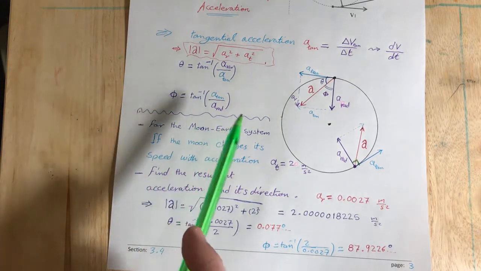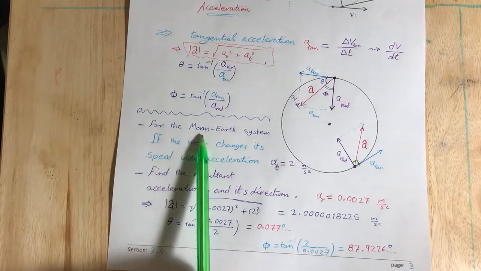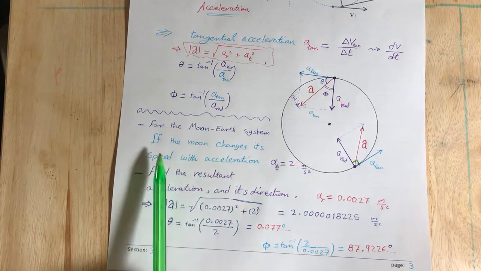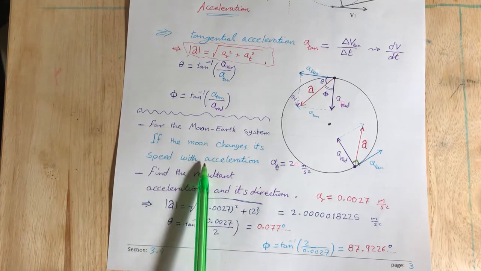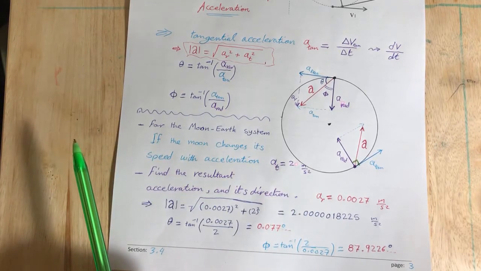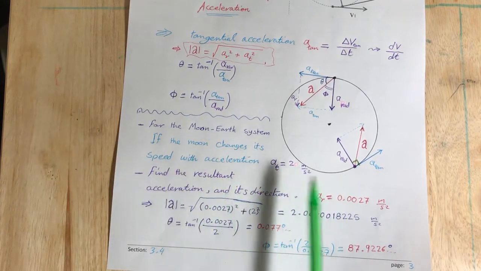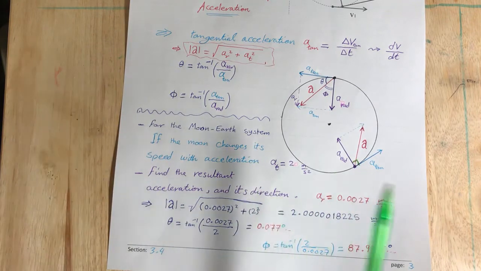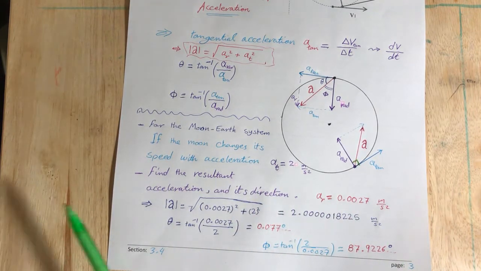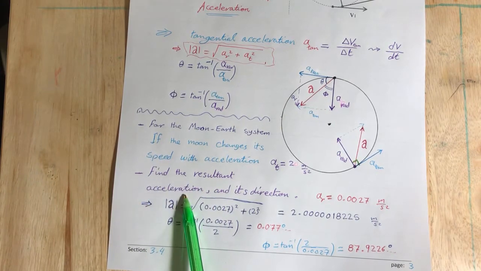In our first example, which is the Moon-Earth system, if the Moon changes its speed with acceleration 2 meters per second squared, just the Moon becomes faster, and that happens, it's natural. Find the resultant acceleration and its direction.